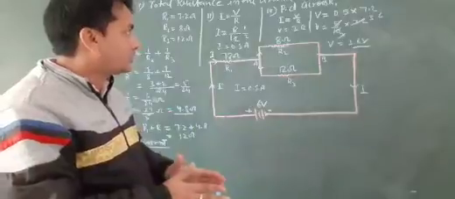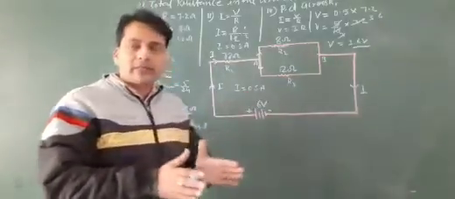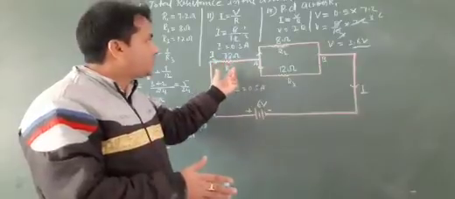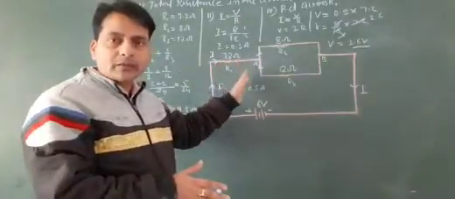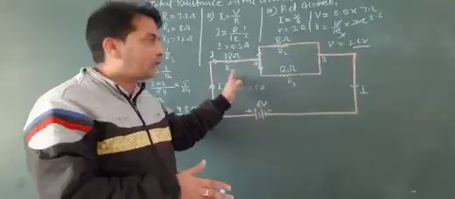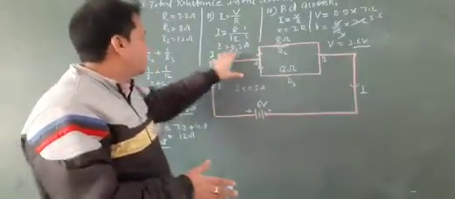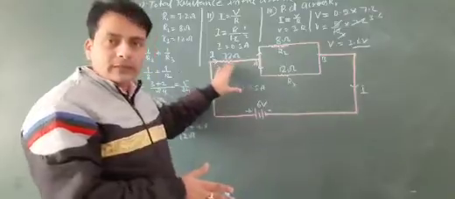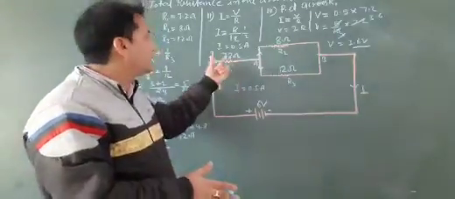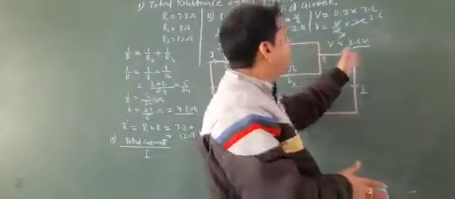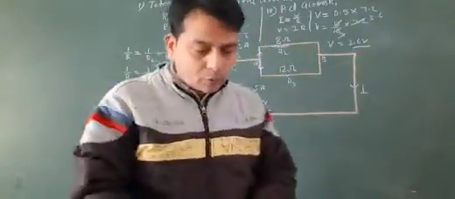Now the third question, the potential difference across R1. We know V equals I into R, electric current into resistance. The value of I is 0.5 and the resistance in this circuit is 7.2, so V equals 3.6 volt.